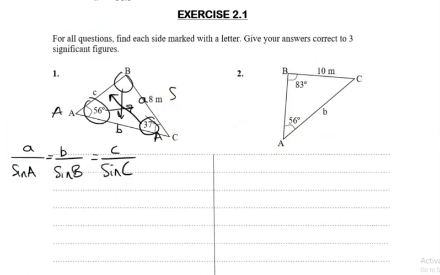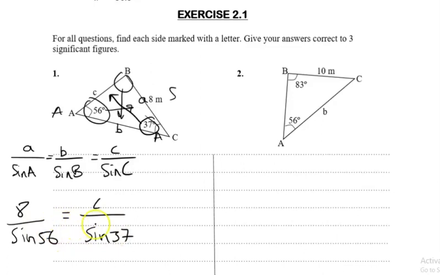So here in question 1, the only unknown side we need to work out is the one labeled as c. To work out c, we need to find a complete pair where we have a side and the angle that is opposite it. So that's going to be 56 and 8. So you're going to write down 8 over sine 56 equals c over sine 37.